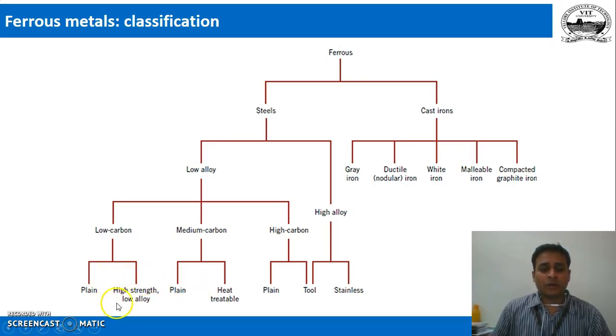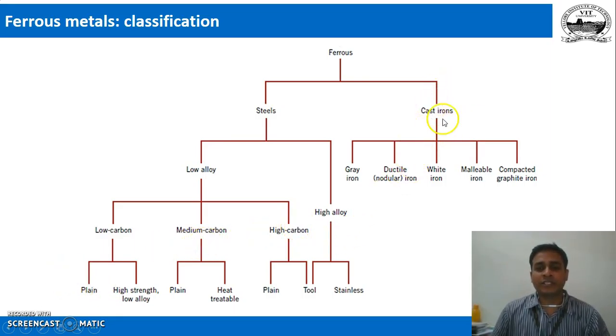Depending on what kind of alloying you are doing, you may call it high strength low alloy steel or micro alloyed steels, both are the same, or heat treatable steels, where you may have alloying elements to make it more heat treatable, or you have stainless steels, you have tool steels. These are different from simple plain carbon steels where you don't have much of alloying elements.